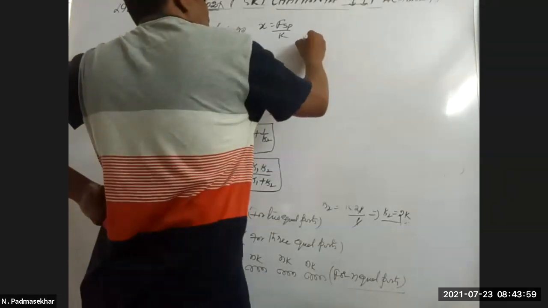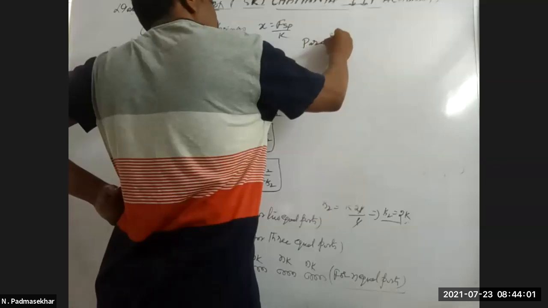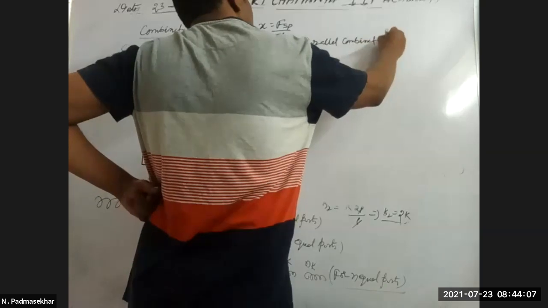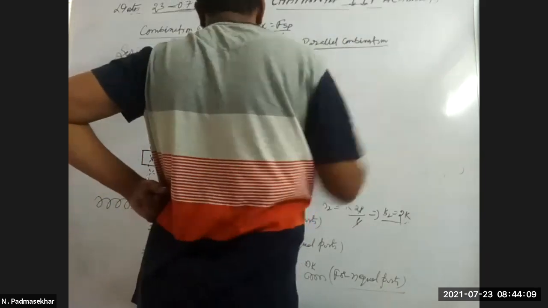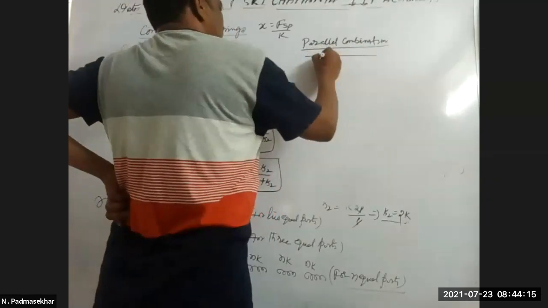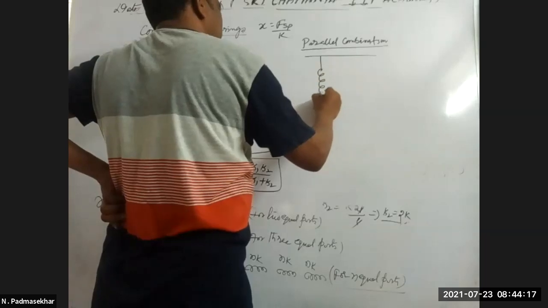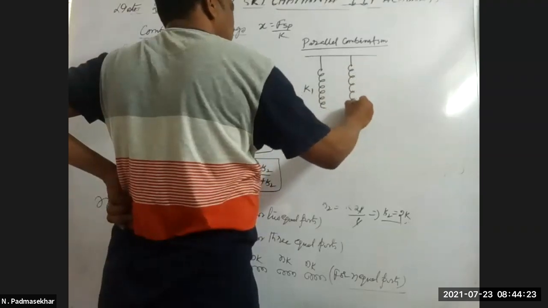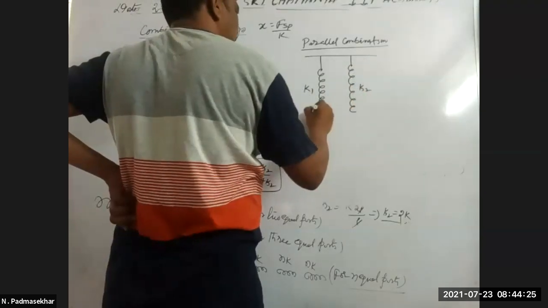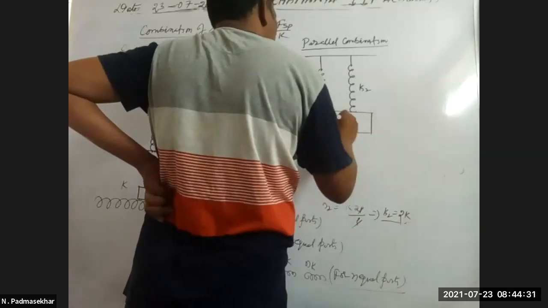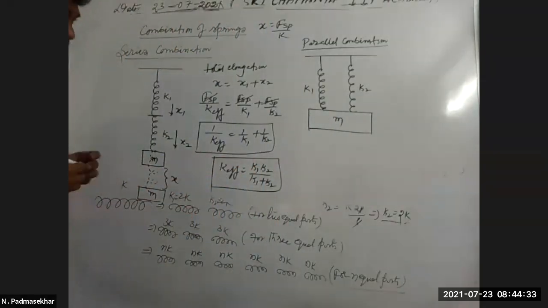Suppose the springs are connected in parallel. This is the parallel combination. It is one spring of spring constant K1, and this is another spring of spring constant K2. A block of mass M is connected like this.